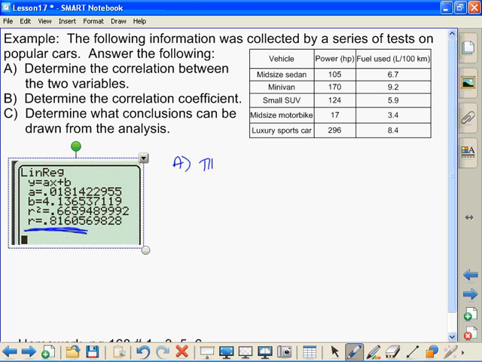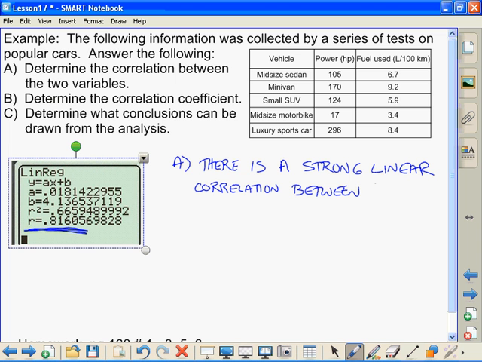So there is a strong linear correlation between horsepower and fuel consumption. And B part, determining that R value, R equals 0.82.